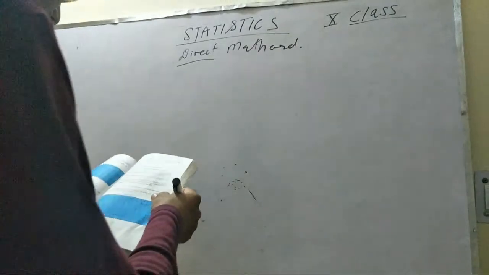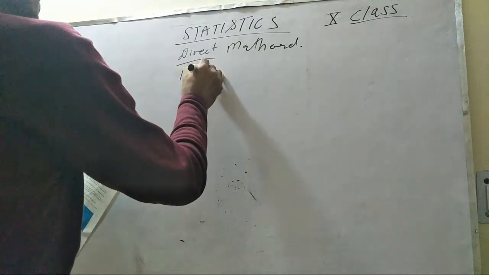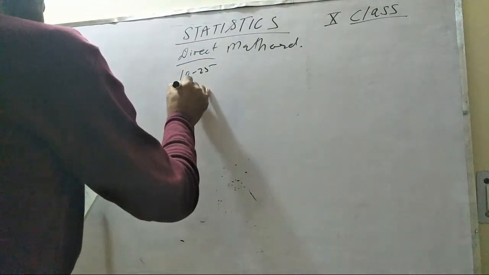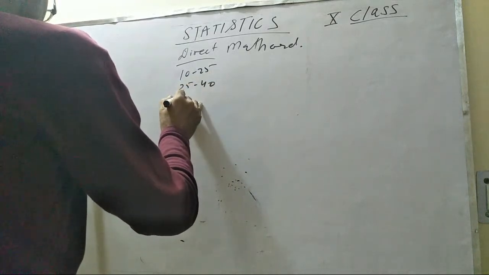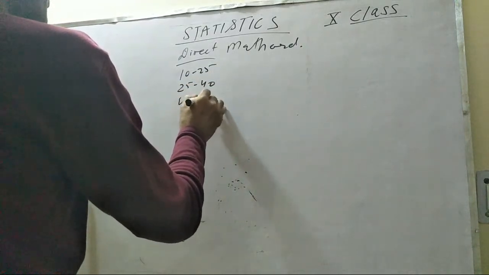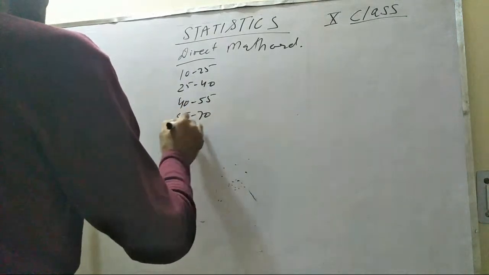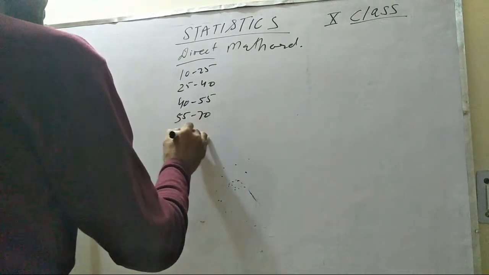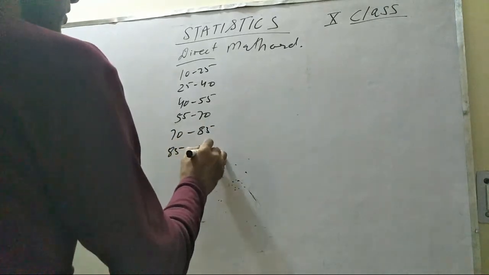Suppose there is an example: 10 to 25, 25 to 40, 40 से 55, 55 से 70, 70 से 85 and 85 से 100.